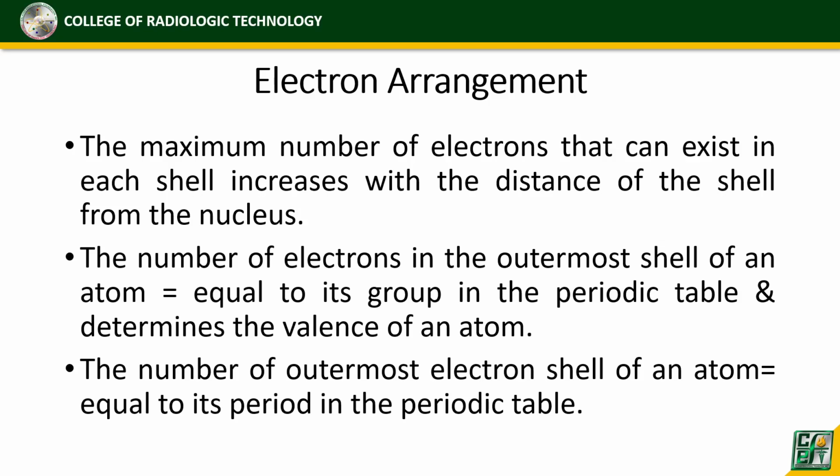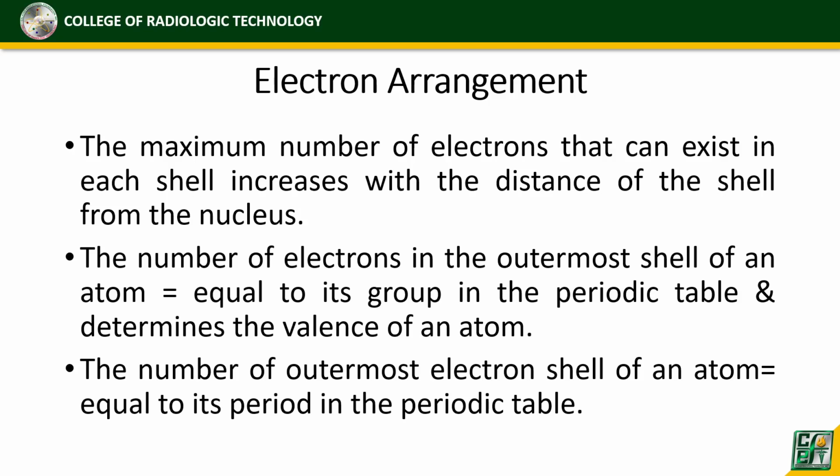Okay? So, another thing when it comes to electron arrangement, the number of electrons in the outermost shell of an atom is equal to its group in the periodic table, and it determines the valence of an atom. So may kinalaman yung number of electrons na located or which are occupying the outermost shell.